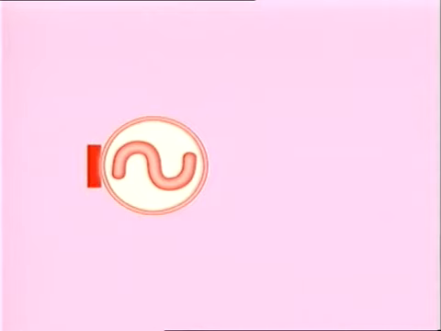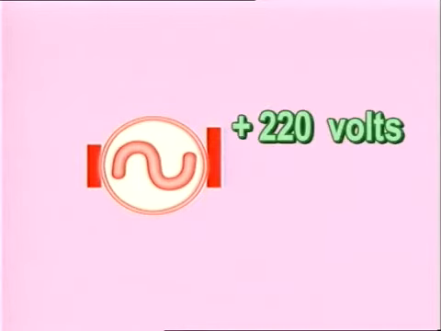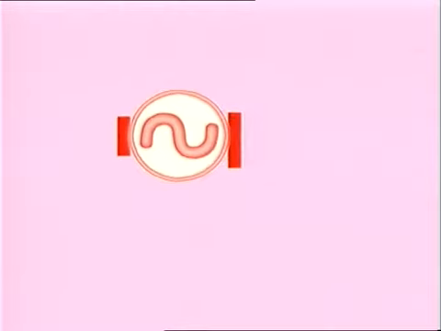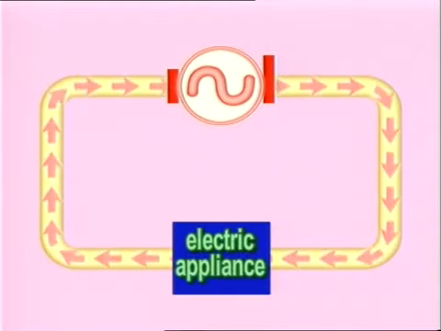The voltage on one side remains unchanged, while that on the other side varies constantly between positive 220 and negative 220 volts. The voltage of the power supply changes rapidly.